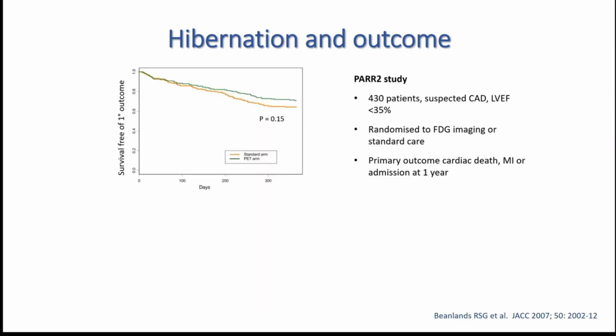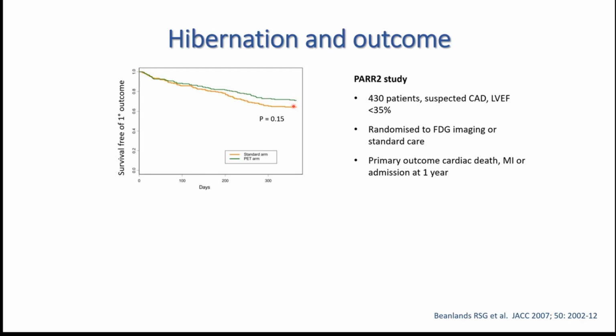Fortunately, there's other studies. Here's the PAR2 study, and it was a similar patient population to STICH, smaller study, but these patients were randomized to PET imaging or to standard care, and then the primary outcome measure was as you see. And perhaps disappointingly, initially, there was no difference between those who were randomized to PET and those who weren't.